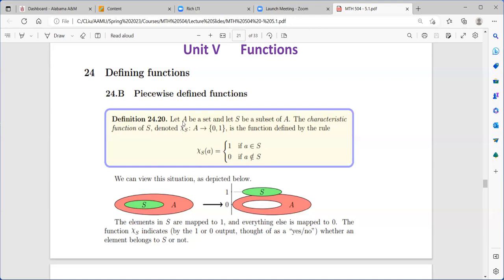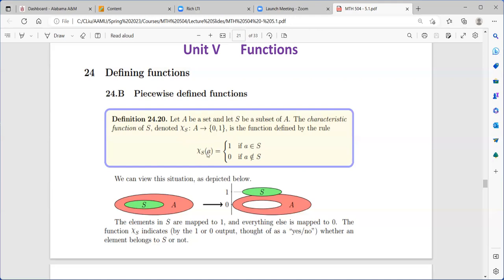So this function chi sub S is from A to the set of 0 and 1. All right, it only has two function values, 0 and 1.